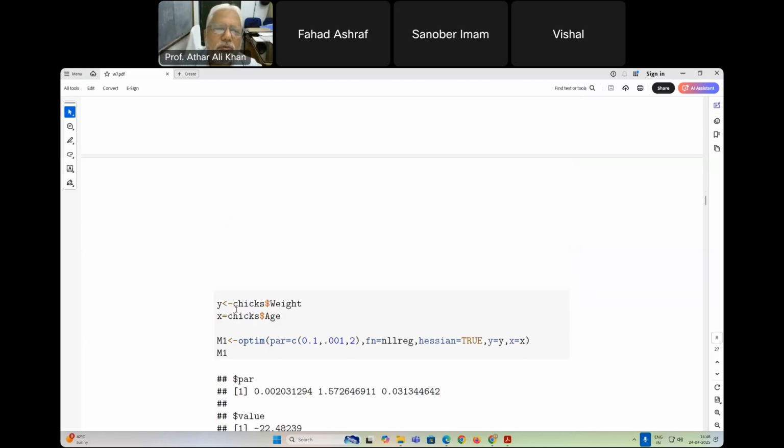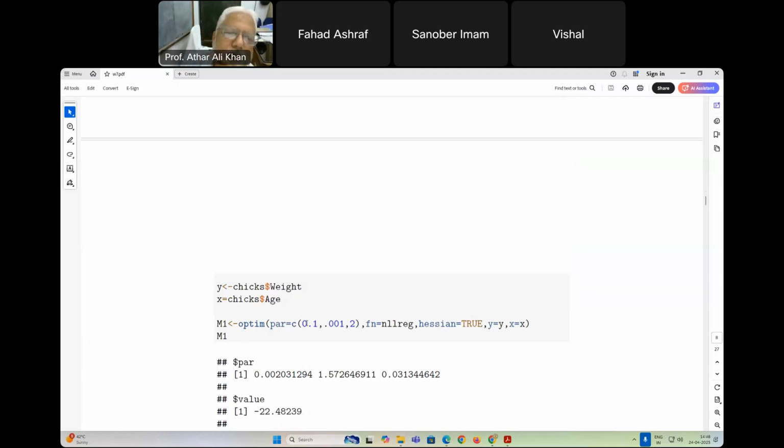y is equal to chick weight, x is equal to chick age, and m1 is equal to optim with par equal to, these are the guess values of beta naught, this is beta 1, and this is sigma. fn is equal to NLL, Hessian is equal to TRUE, y is equal to y, x is equal to x.